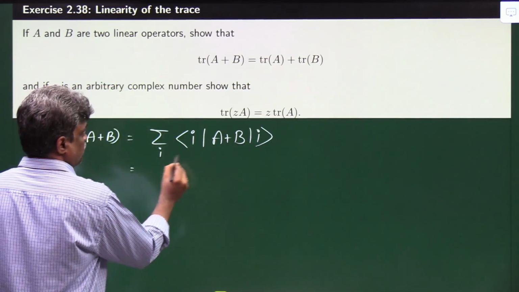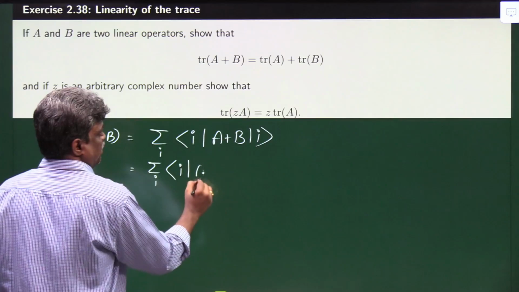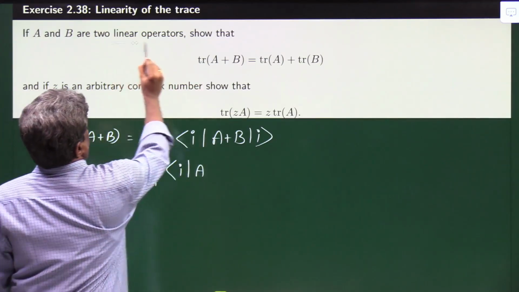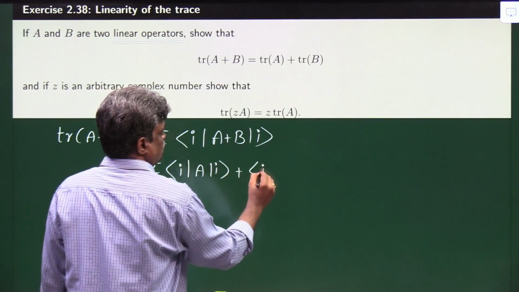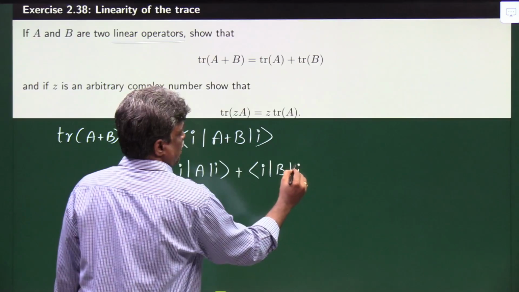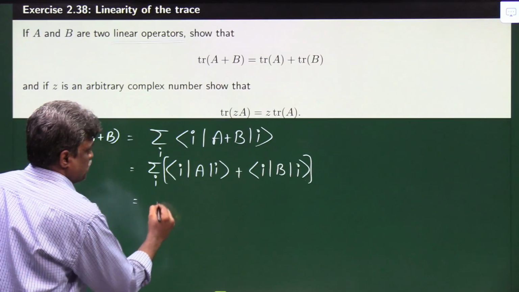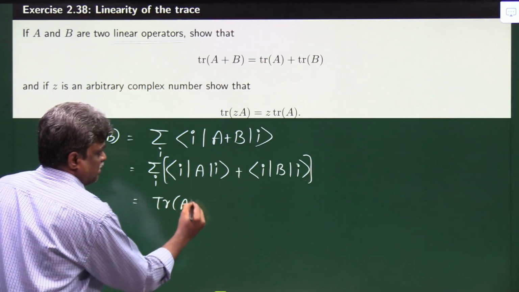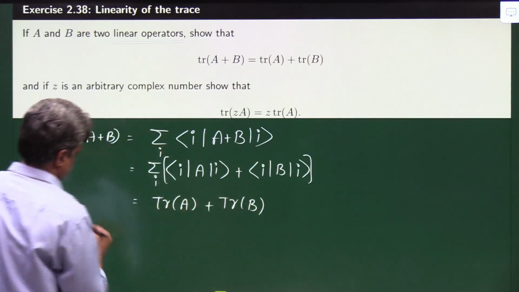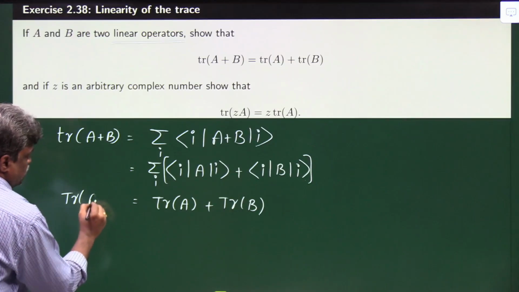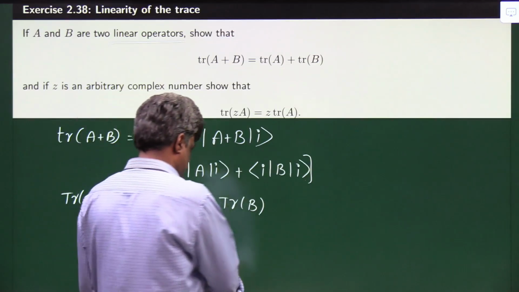That's it, and just split it, nothing else. Summation over i of i A i plus i B i, because these are linear operators. The first one is nothing but the trace of A, and the second term is nothing but the trace of B. So finally we can say the trace of A plus B equals the sum of individual traces.